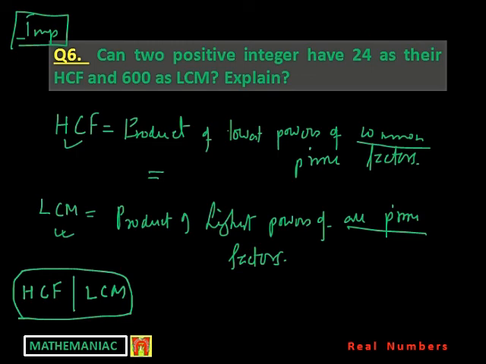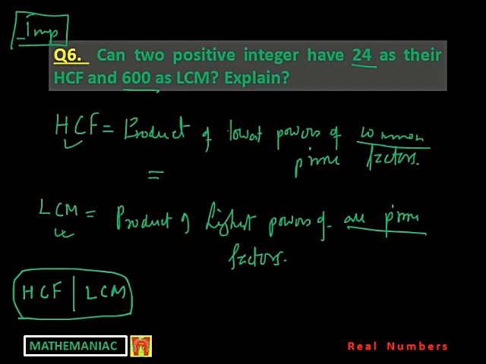Okay, so here just check, is this 24 dividing 600? Because if they are supposed to be HCF and LCM, then this LCM should contain all prime factors of 24 with those powers.